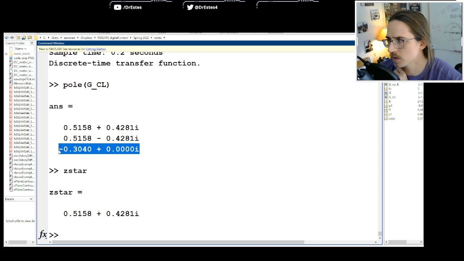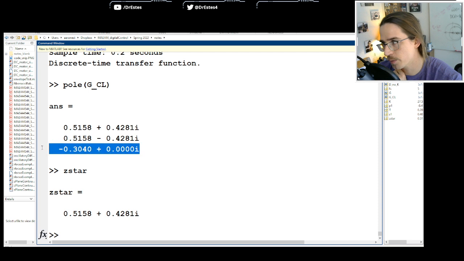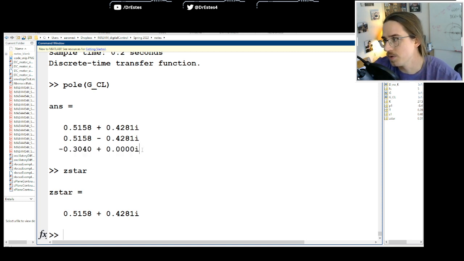And for some of these controllers, like I randomly picked 75 degrees for the 0, some combinations of zeros result in the third pole being unstable. And so what I'm trying to say is you don't know what this is going to be until you run these calculations. And the first one that you pick might be bad.